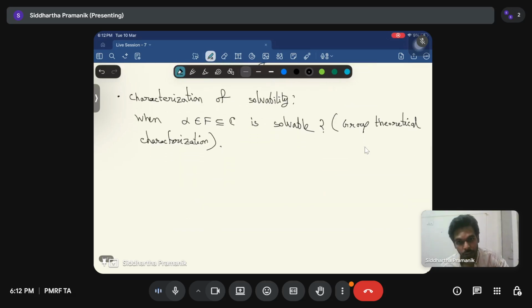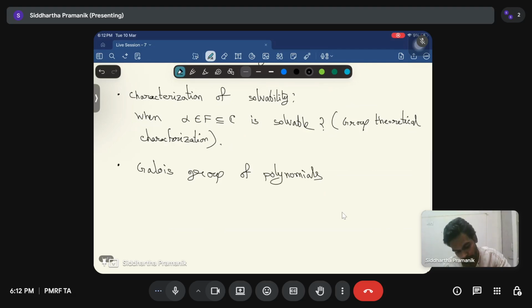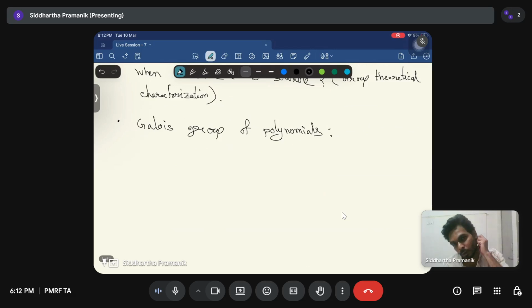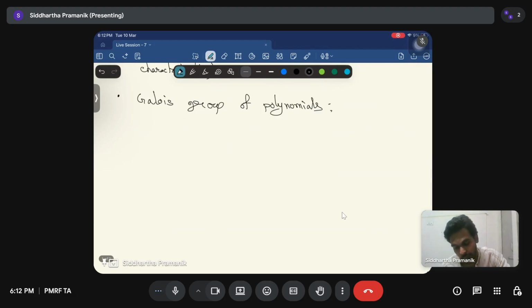Then we basically wanted to study the Galois groups of polynomials. That will help us to prove that polynomials of degree less than or equal to 4 are always solvable. For this, to find the Galois groups of various polynomials of degree less than or equal to 4, we have defined something called the discriminant of a polynomial.